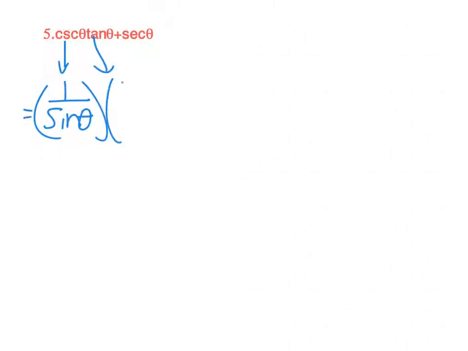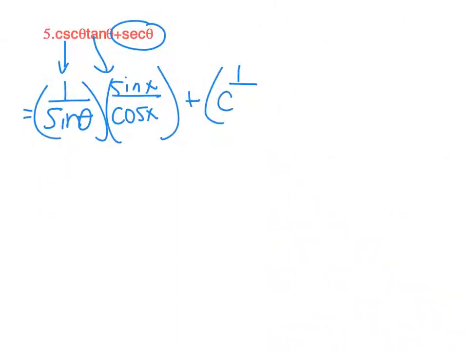Number 5, cosecant of theta times tangent of theta, plus secant of theta. So again, I'm going to try to get everything to sines and cosines if I can. Cosecant is 1 over sine. Tangent is sine over cosine. And secant is 1 over cosine.